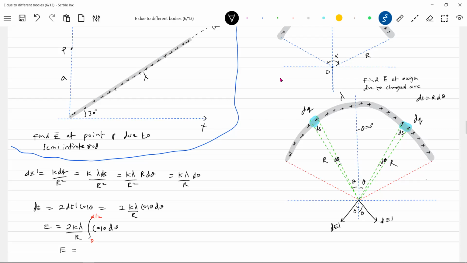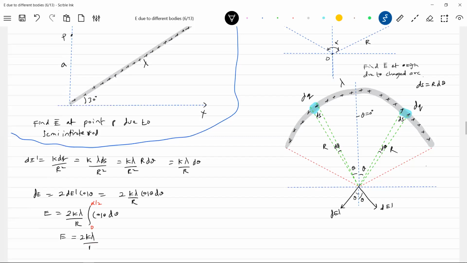Sir, if we assume a single element, can we take the limits from minus alpha by 2 to plus alpha by 2? Single element, if you assume, you'll die with mathematics. Not advisable. If you take a single element, then you should write 0 to alpha, but again, cancelling the components will be a big headache, no?